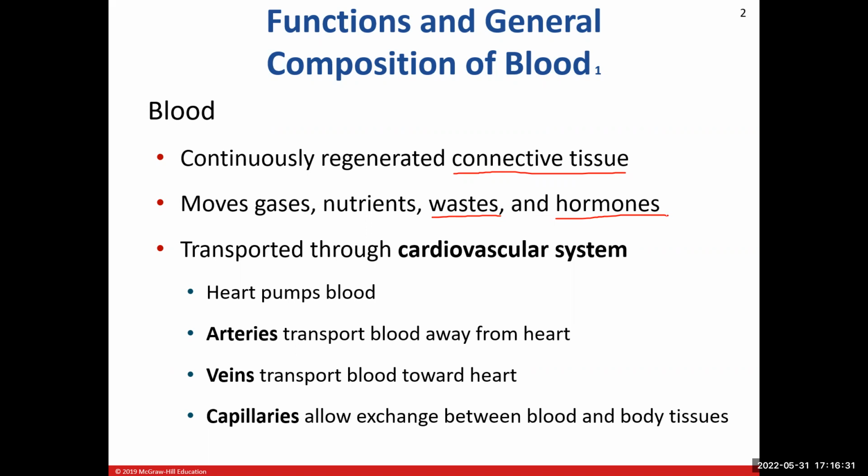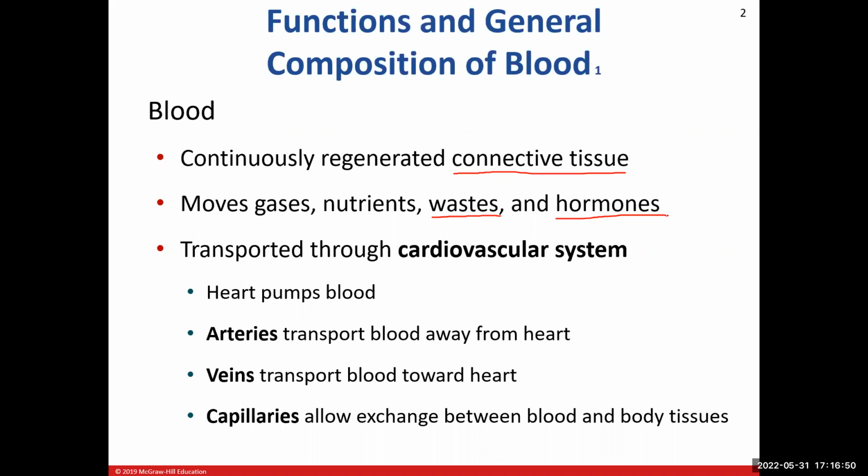So blood moves throughout our cardiovascular system. And what moves it is the heart. That's the heart's job. It has one job, and that's just to pump the blood, to move it around throughout our body, through the pulmonary circulatory system, and then through our systemic cardiovascular circulatory system.